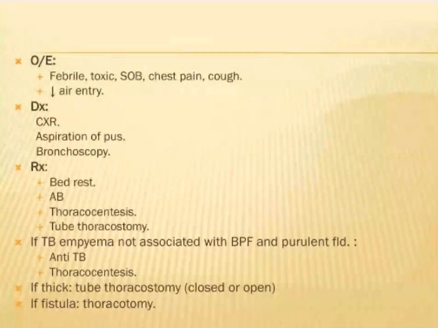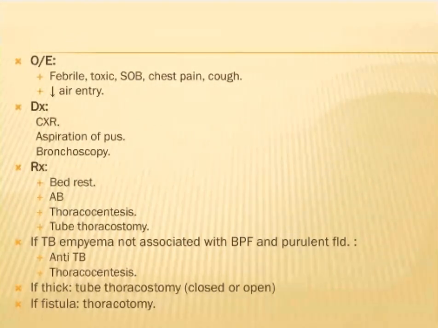And we can do an aspiration of pus for culture and sensitivity, or for acid-fast bacilli if suspected. Sometimes we can also do it for cytological study. Bronchoscopy to exclude a foreign body or maybe a tumor. It is always important to do a bronchoscopy.